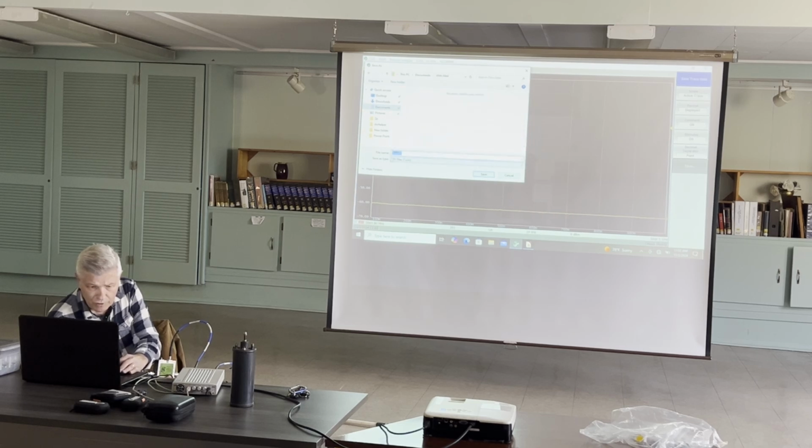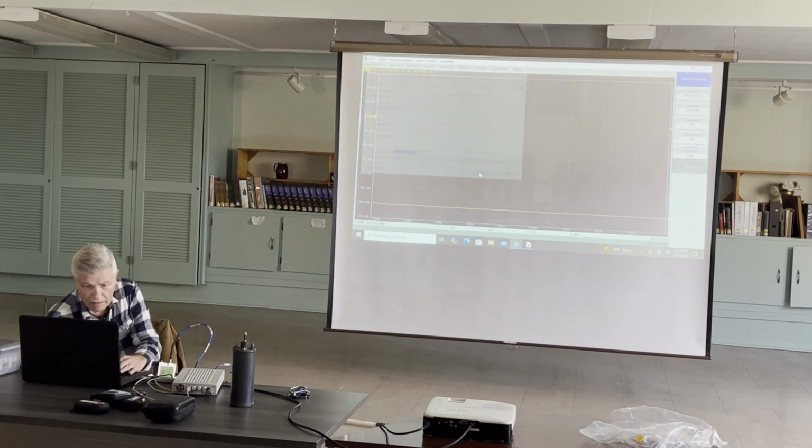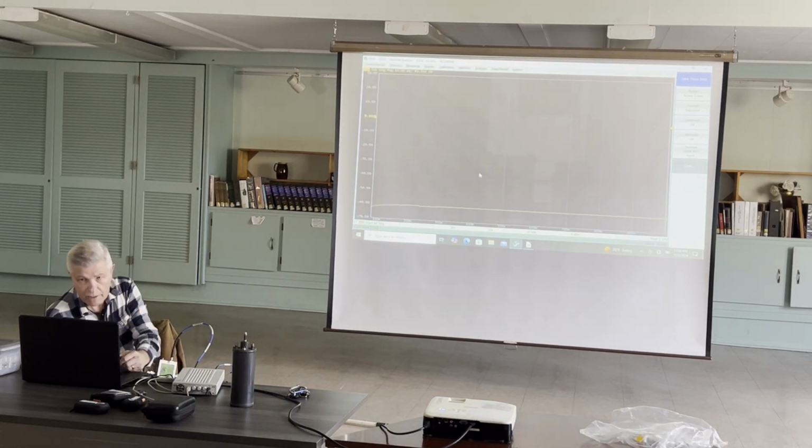So we're going to call this one forward coupling. You can call it anything you want. I usually use the serial number and all that so we know which one it is, but for brevity, we'll just do that. And then we can look at the data in a spreadsheet.